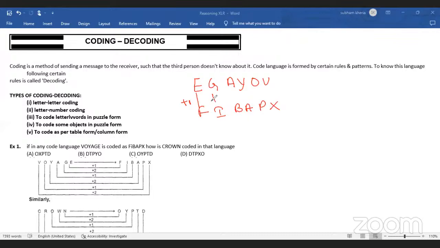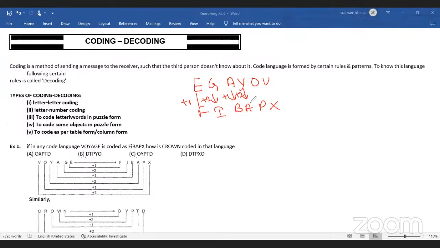G plus 2, G is 7. If you add 2, you will get I, right? I is 9. Then we have A. In A, if you add 1, you get B, right? Now plus 1, plus 2, plus 1. So the next one also should be plus 2. After Y comes Z, then comes A. Don't think Z is the last one. We again repeat it, starting from A. So then we get Y, Z, A.